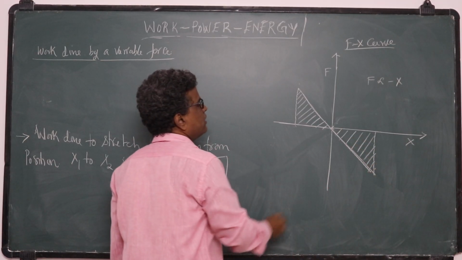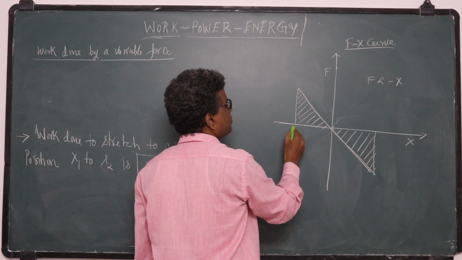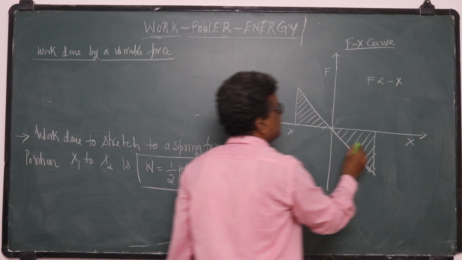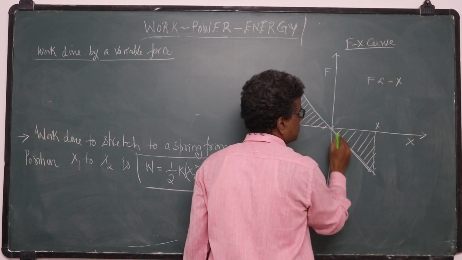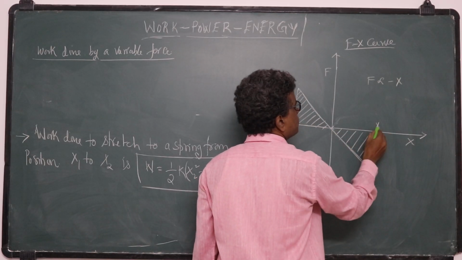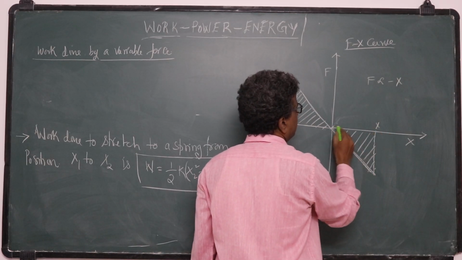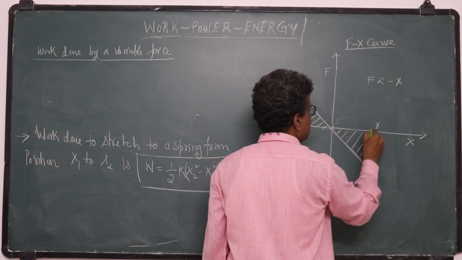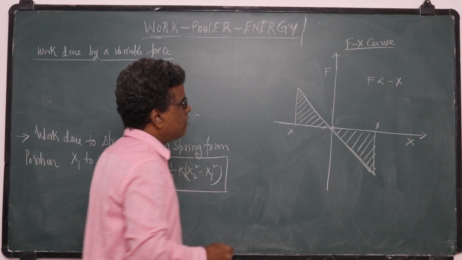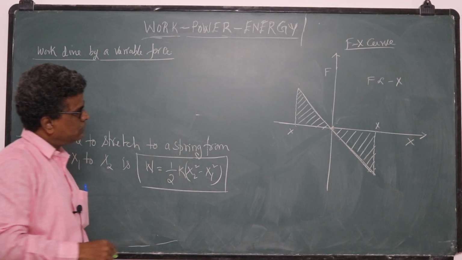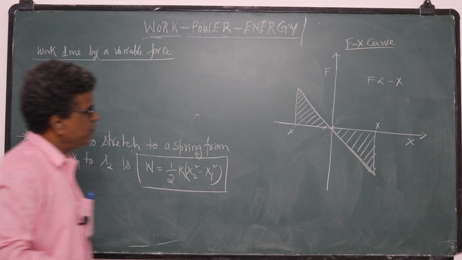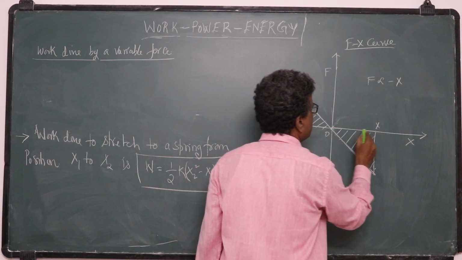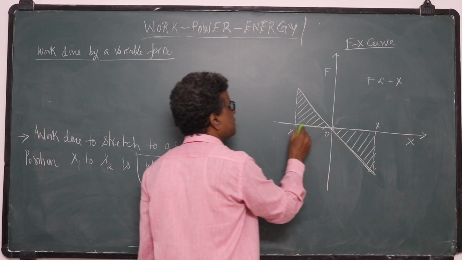So when the spring is compressed to x minus x and this is positive x, the spring force is negative. This area indicates work done by this spring force. Okay, this is the mean position, from positive displacement to negative displacement.